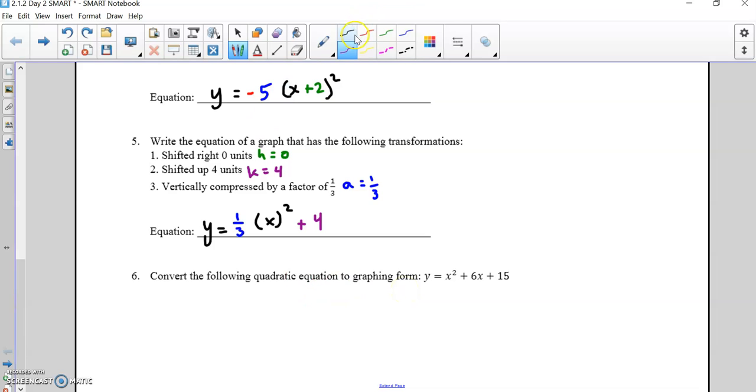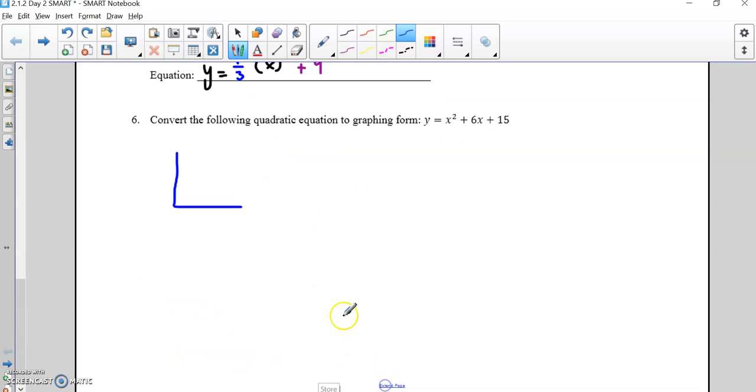Alright, one final problem, and this one is just a review of completing the square, which is what we do to convert a standard form equation to graphing form. So this is where we use the box. Alright, so recall our setup.